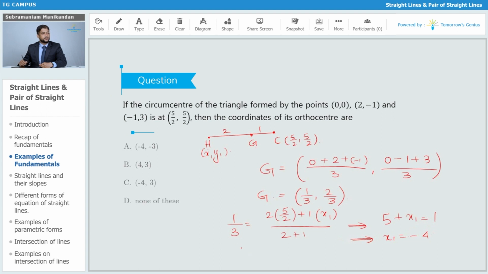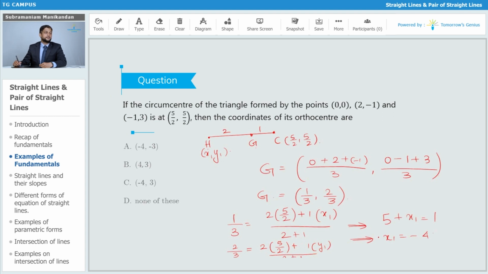Similarly, we can obtain y1 as 2 into 5 by 2 plus 1 into y1 divided by 2 plus 1.